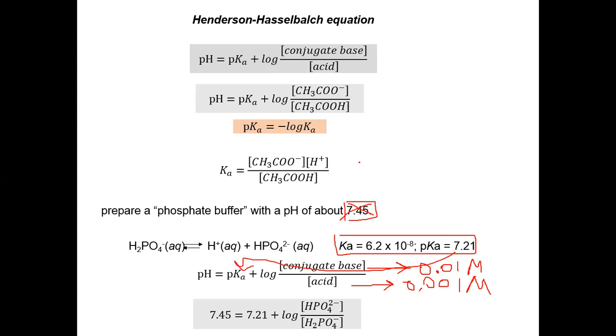So we'll have pH equals 7.21 plus log of 0.01 over 0.001. Can somebody calculate it?